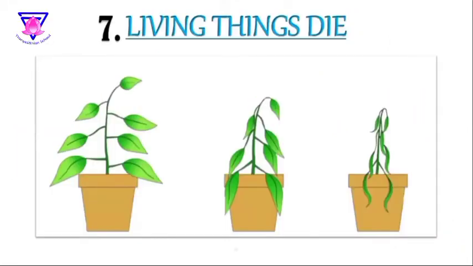Living things die. After completing their life cycle, living things die, whether it's a plant, an animal, or a human being. They have a particular lifespan to live.